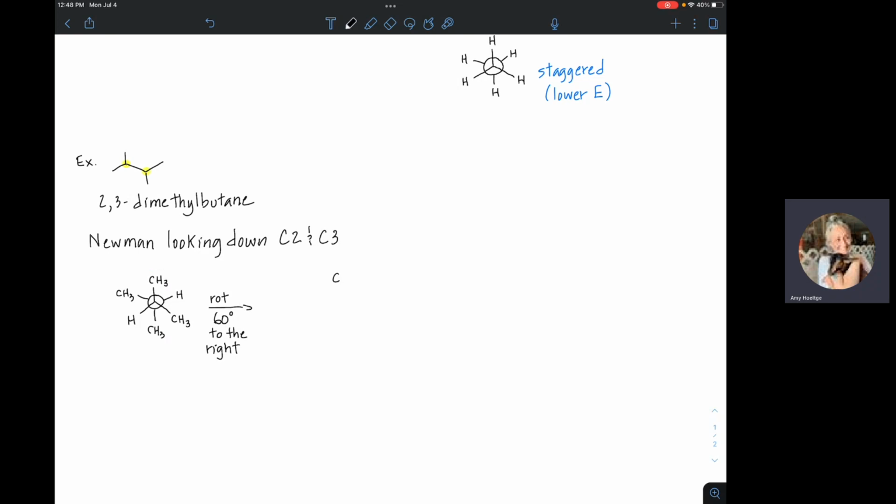So I've got a methyl group. I'm going to make this a little bigger because those groups are going to be behind each other. So in the front, I had this going on. And I'm going to rotate 60 degrees to the right.